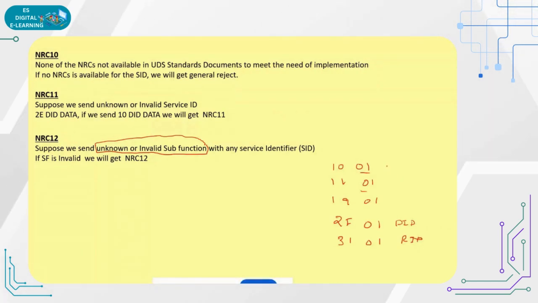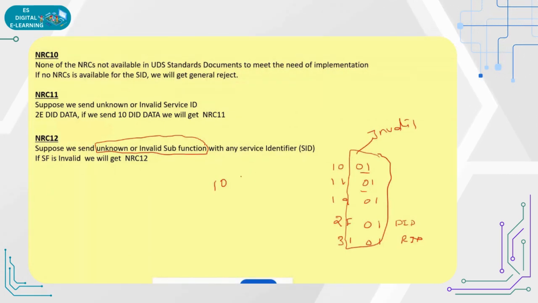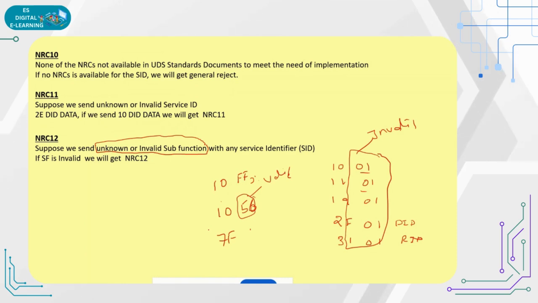So whenever you are making these subfunctions invalid, instead of 1001, if you send 7FF, it is not supported. Even if you give something like 56, if it is valid, you will get a positive response. If it is an invalid subfunction, you will get a response of 7F.